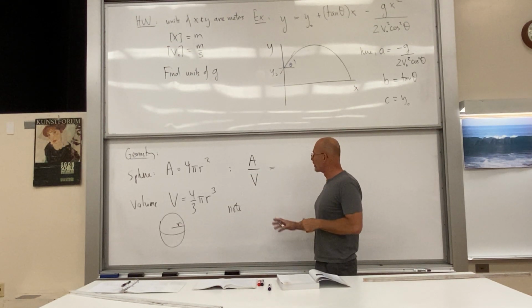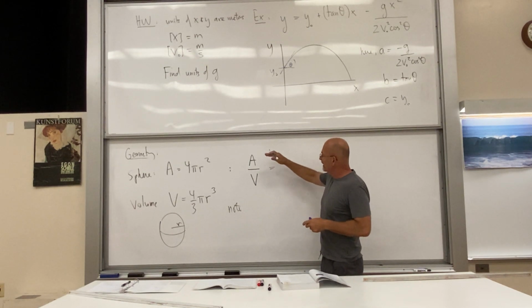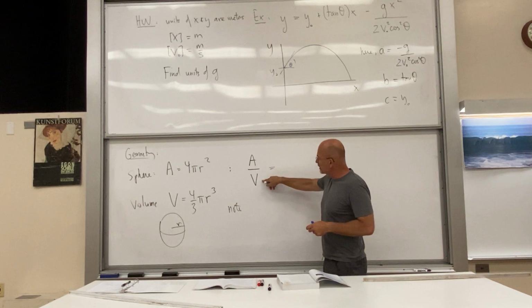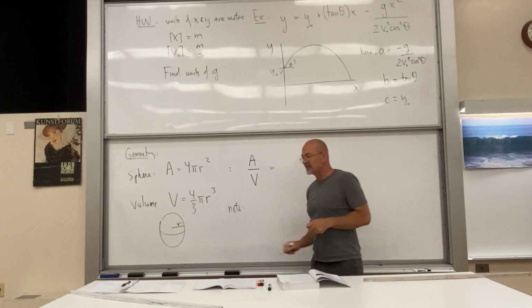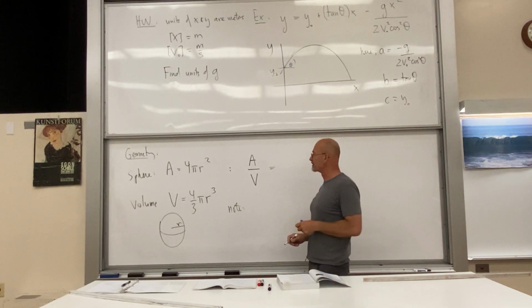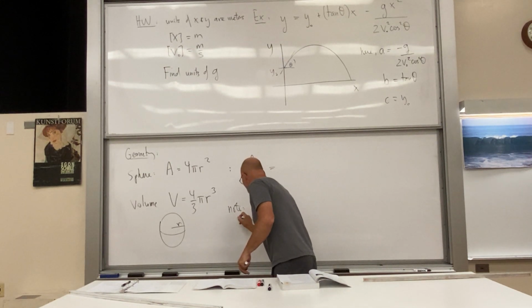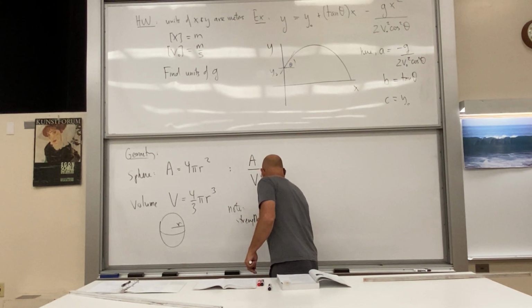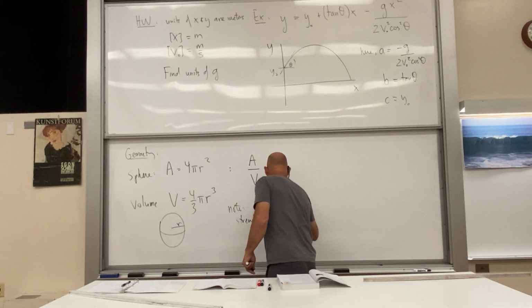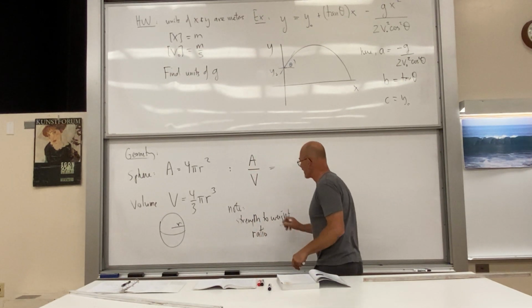So generally speaking, just in scaling terms, area divided by volume, for an athlete, you could be thinking of strength divided by weight. So I'll put this here as strength to weight ratio. So that's an example.